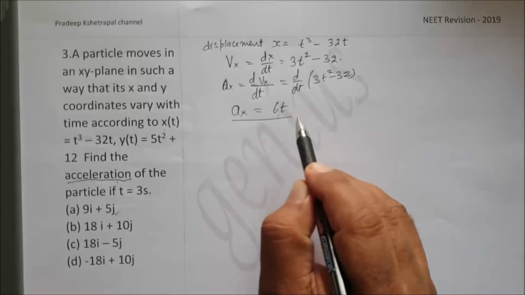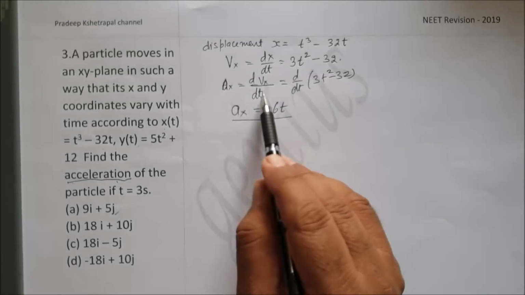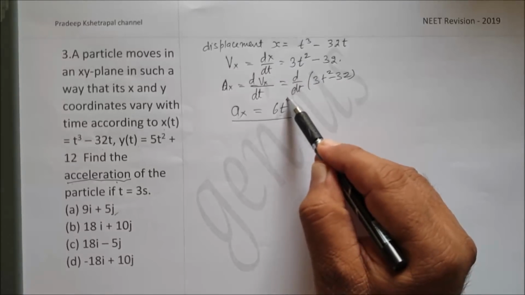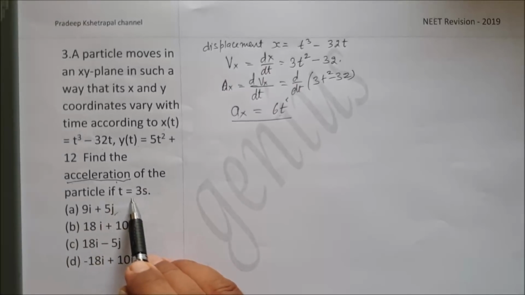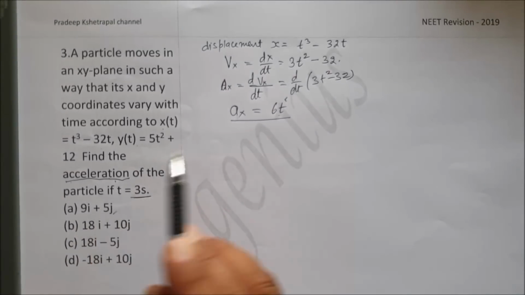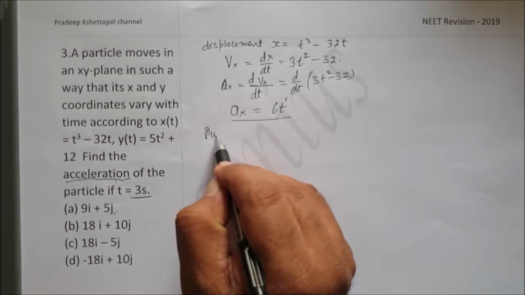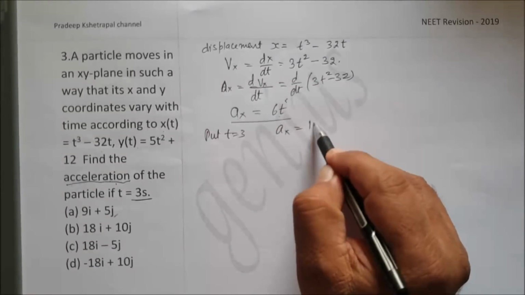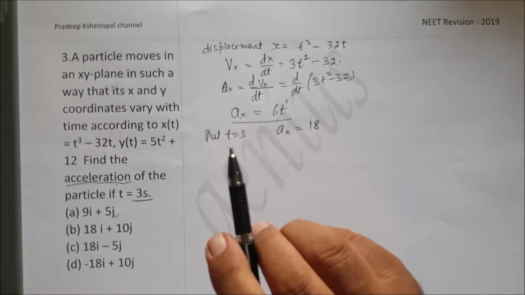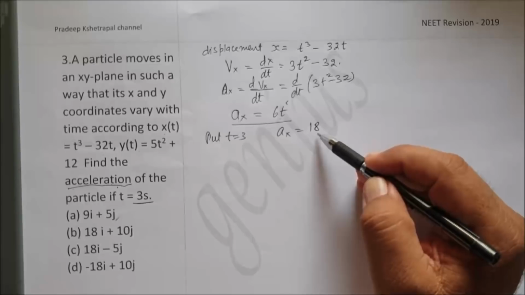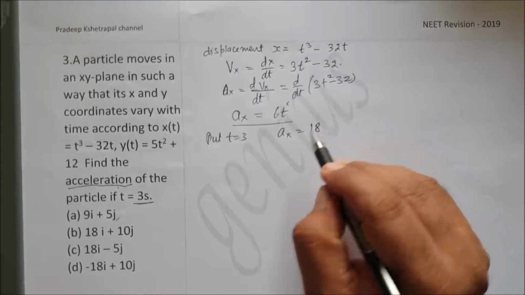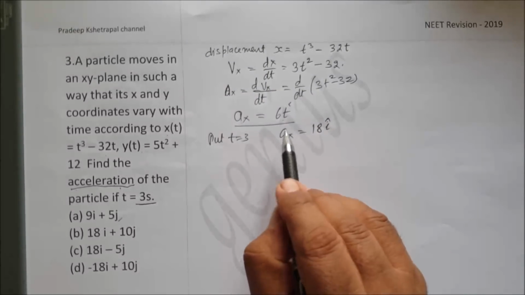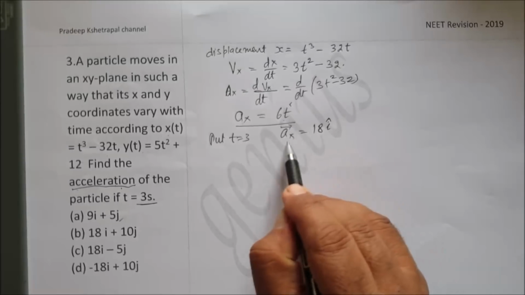So this is the differentiation of velocity, which is acceleration. But this is not a fixed quantity. It varies with the time. And for that they have given, if the time t is equal to 3 seconds, then what is acceleration? We put t is equal to 3. Then what is the acceleration in x direction? 3 6s are 18. In which direction? X direction. What is this? Magnitude. How we convert it into vector? Answer is, in x direction the unit vector is i. So 18i is acceleration in x direction. Right.